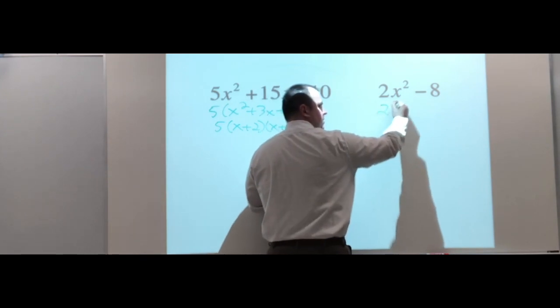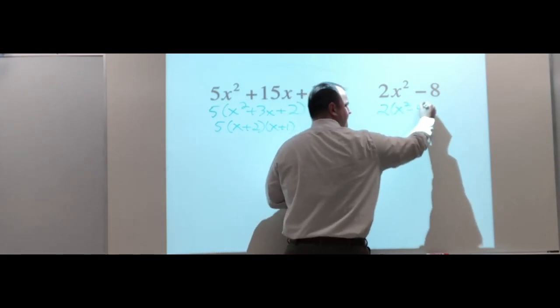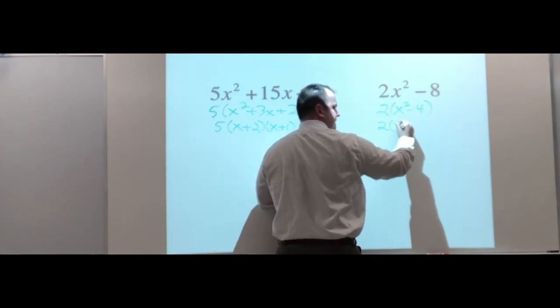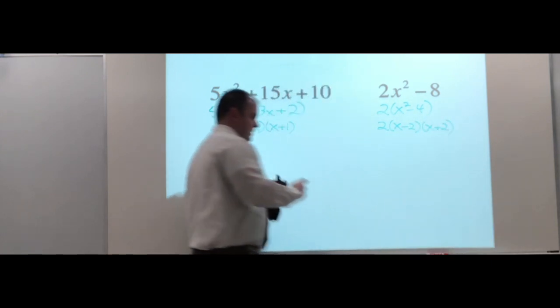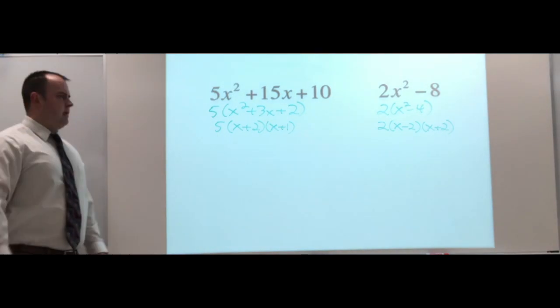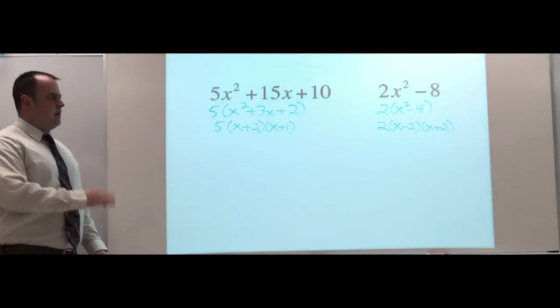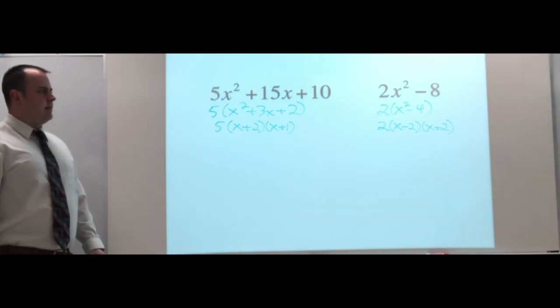Over here we have 2. Okay, so that was quick factoring. You need to be able to factor quickly. If you want, stop the video and take a look at that again. You can see what I did.